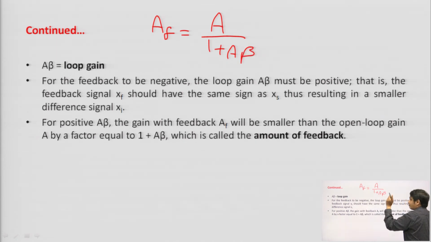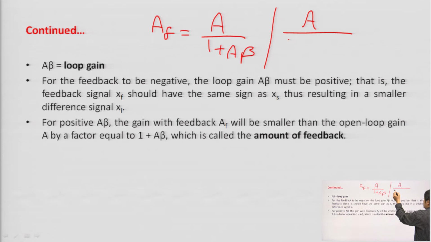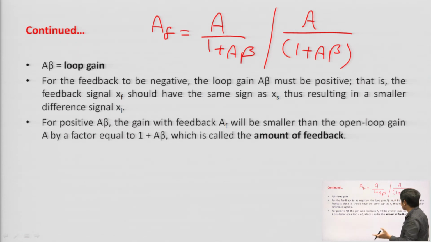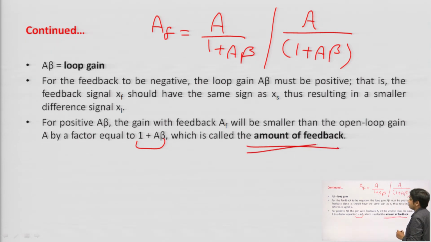Without feedback the gain is A, but when we use negative feedback, the gain is reduced by the factor 1 plus A beta. So, that is the issue with negative feedback: the gain is reduced by the factor 1 plus A beta, and this 1 plus A beta factor is called the amount of feedback.